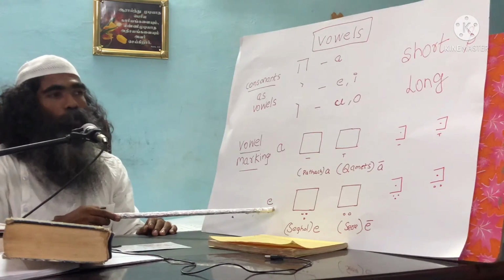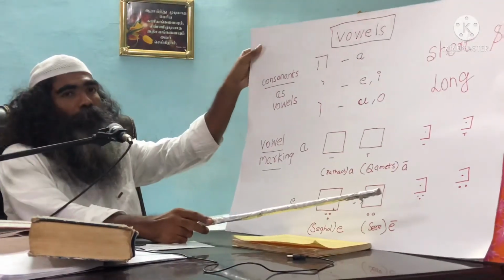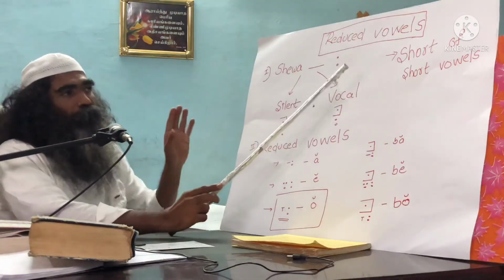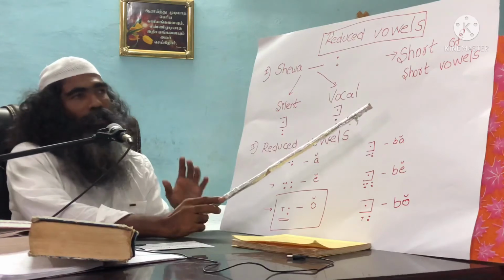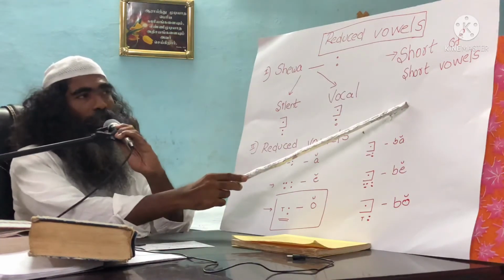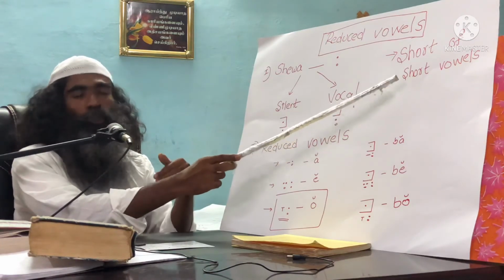Boo, boo. In Hebrew, there is another part of the vowels which are called reduced vowels. For someone to understand it, I will call it short of short vowels. It has a sound which is less in intensity than a short vowel.